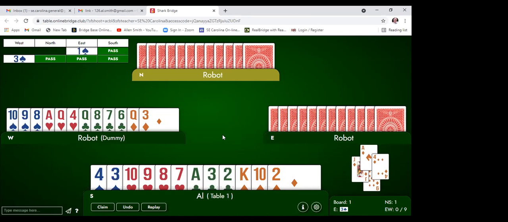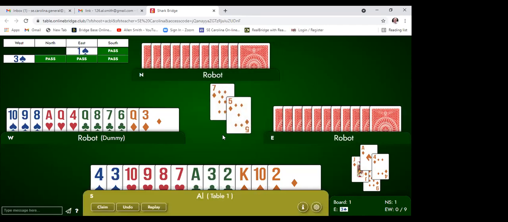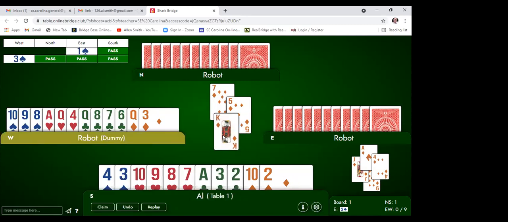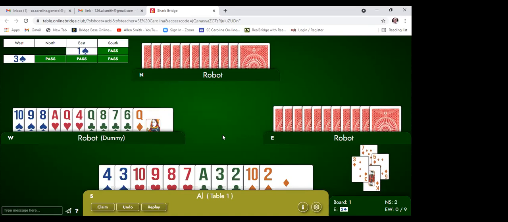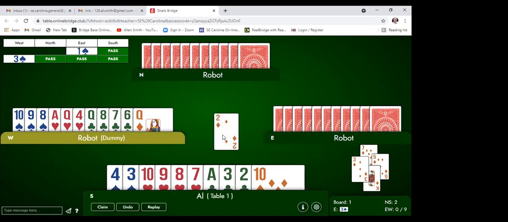They're going to return the 7. It comes back, and we've got our 2 diamond tricks. We can see that we set up a diamond trick in dummy, and we don't want to break a new suit if we can, because every time we break a new suit, we give away half a trick. So we're just going to leave another diamond.